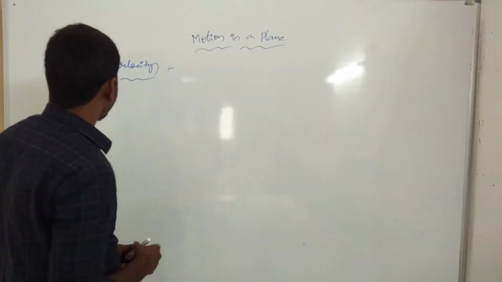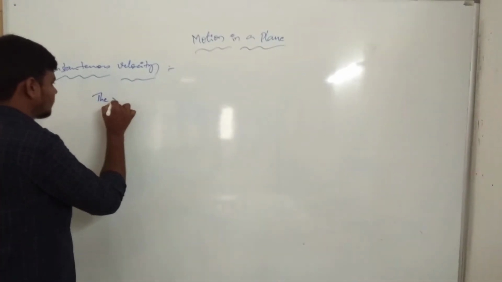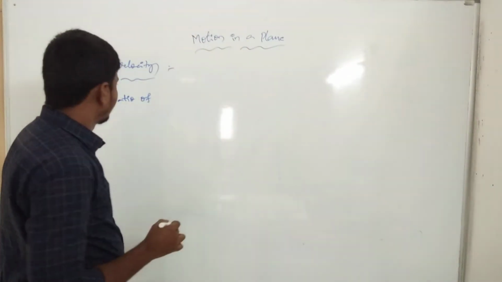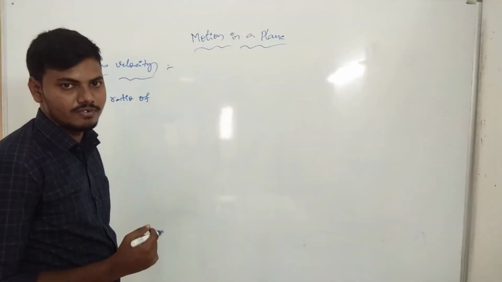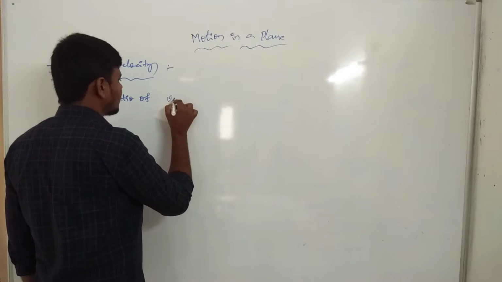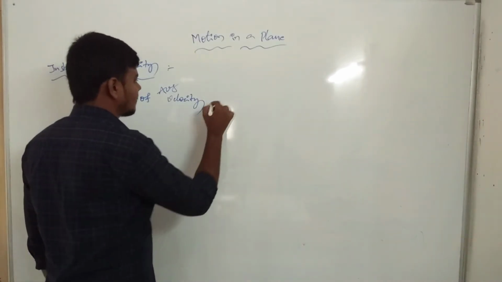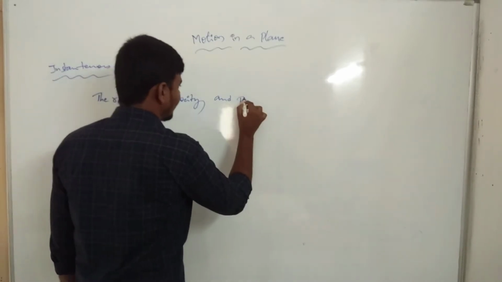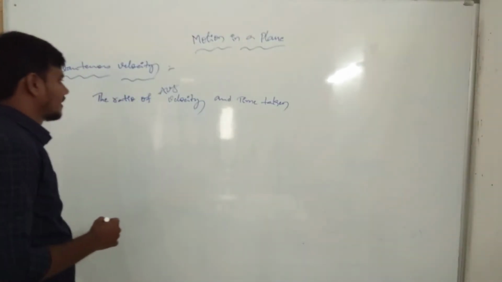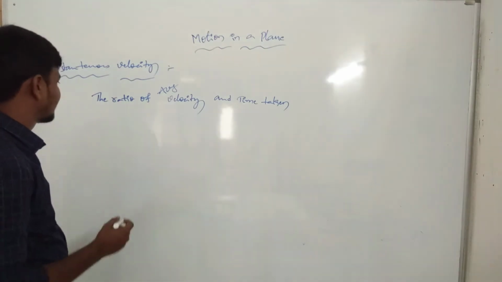We introduce instantaneous velocity as the ratio of velocity and time period. Clearly, the ratio of average velocity and time taken is known as instantaneous velocity.